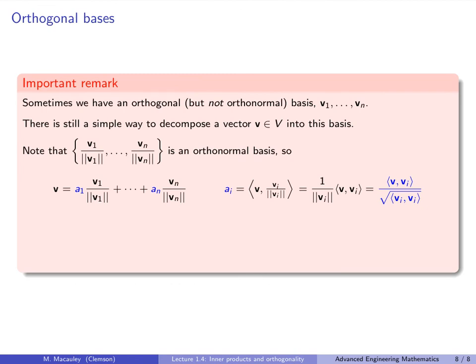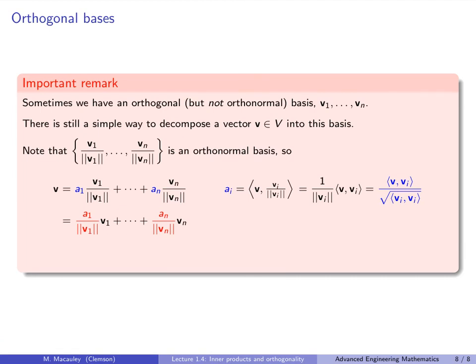So what I'm going to do now is just rewrite what we have here on the left. I'm just going to regroup things. I'm going to pull that out, put those things together, and write this as v1 times the scalar a1 divided by norm v1, all the way up to vn times the scalar an divided by norm vn.